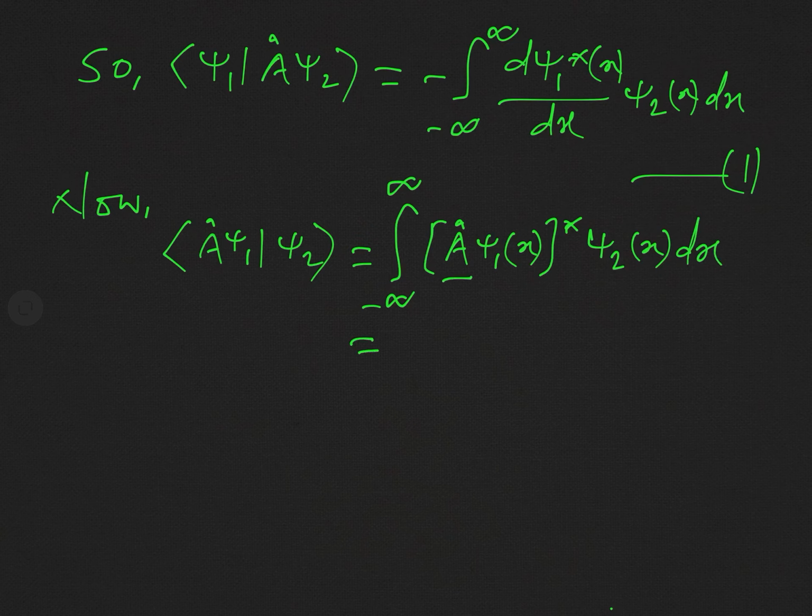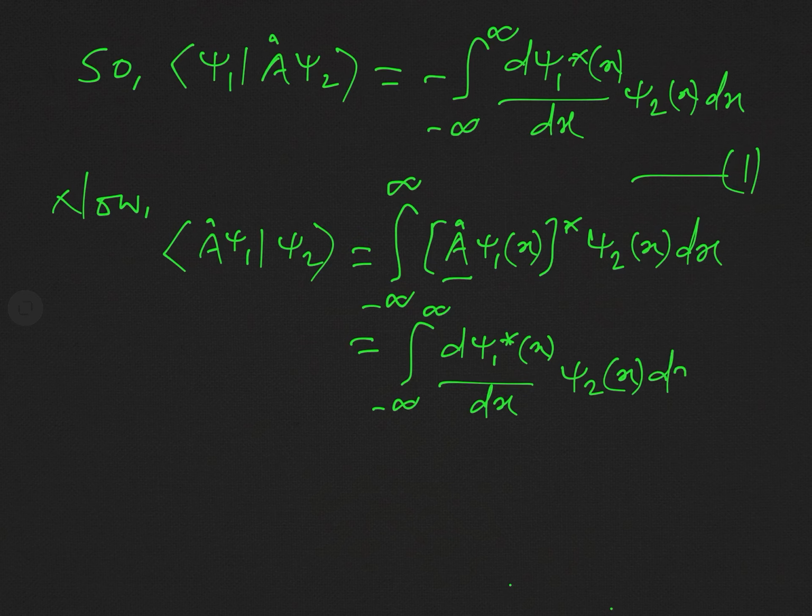And now we know this a hat is simply d dx. So this will be integral minus infinity to plus infinity d psi 1 star of x by dx psi 2 of x dx, and it is equation 2.